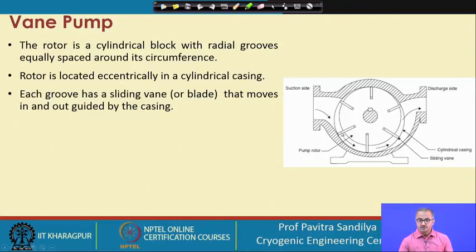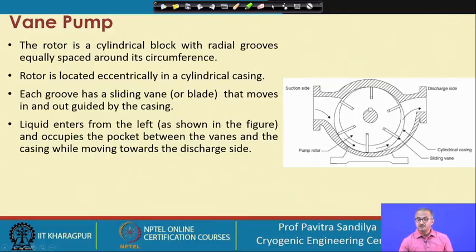And how do they go inside and outside? This is guided by the casing, and this rotor is placed eccentrically with the stator, that is the outer casing. Why? Because if we do that, all the vanes will not be inside together, neither will they be outside together, so some of the vanes will be inside and some will be outside.